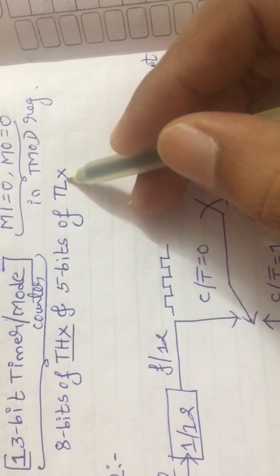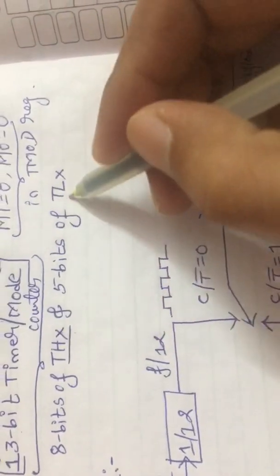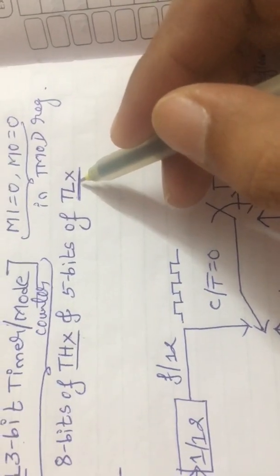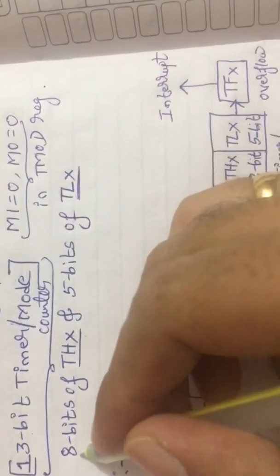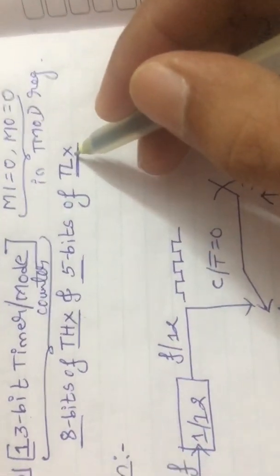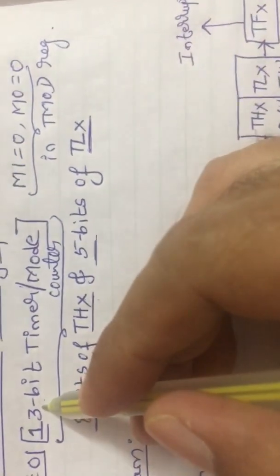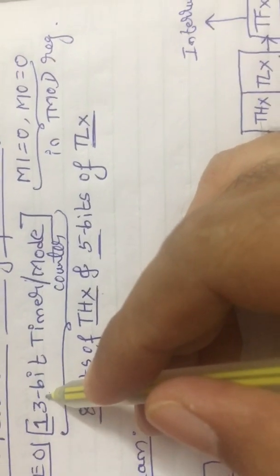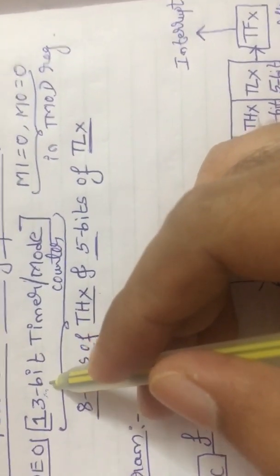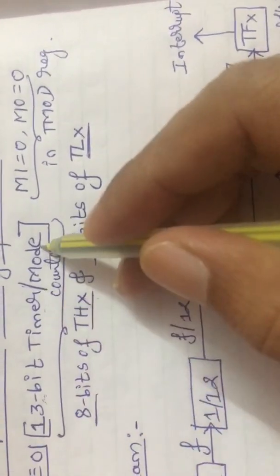Out of 8 bits, only 5 bits are used here for TLX. The remaining 3 bits of TLX will be ignored. So when I add 8 bits of THX and 5 bits of TLX, in total I will get a 13-bit counter or timer. Hence the name is 13-bit timer/counter mode.